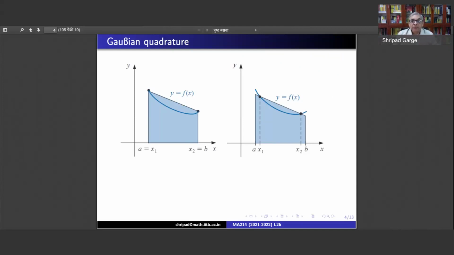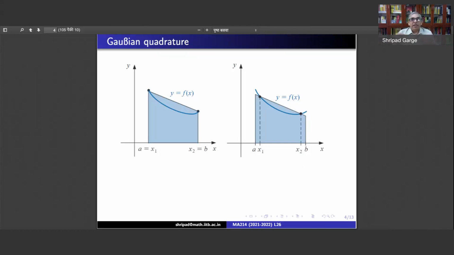But once again, if you move your nodes slightly, then we see that from a to x1 there is some part of the graph which is above the line, and from x2 to b again there is some part of the graph above the line, whereas in between x1 and x2 the graph lies below the line. So this is going to give you a better approximation because some error is getting cancelled.